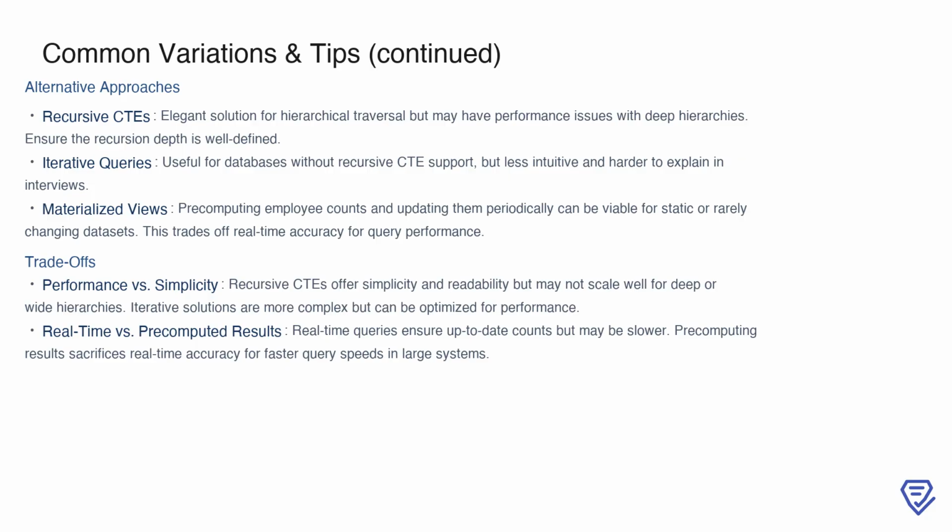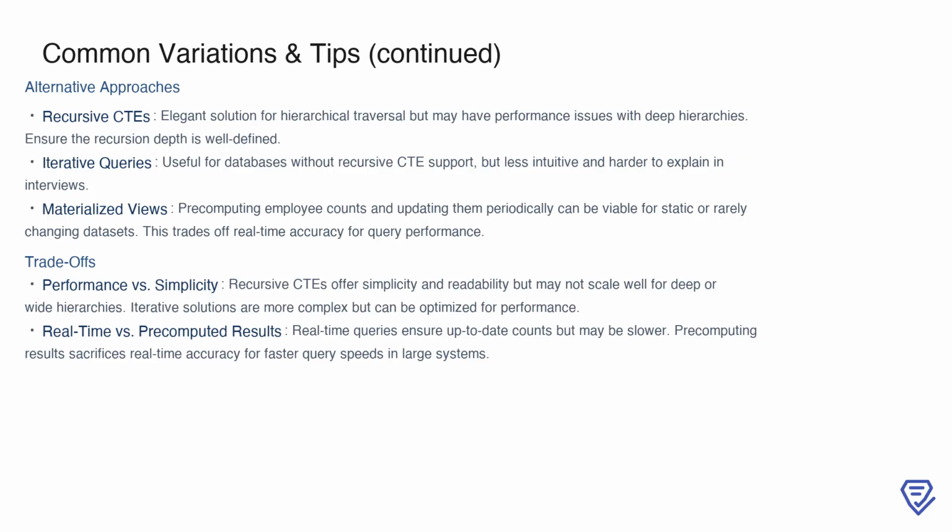For databases that don't support recursive CTEs, iterative queries can be a useful alternative. While these solutions are less intuitive and harder to explain, they can still get the job done. Another option is using materialized views. By pre-computing the employee counts and updating them periodically, you can significantly improve query performance for static or rarely changing datasets. However, this comes at the cost of real-time accuracy.